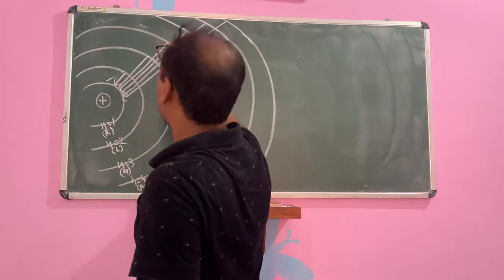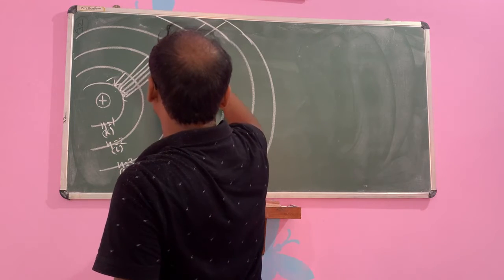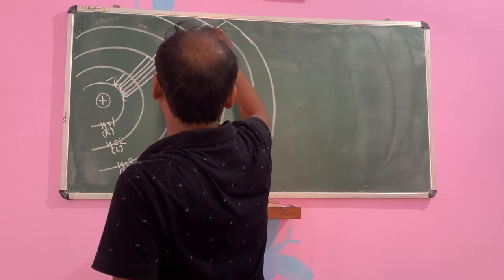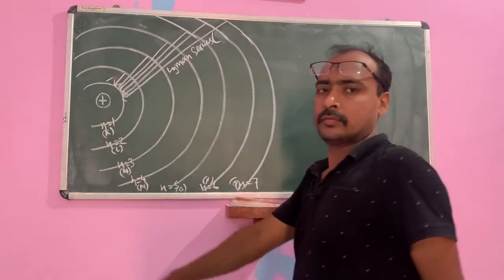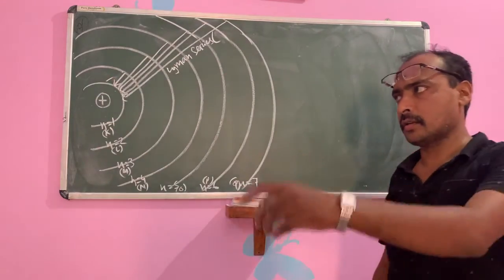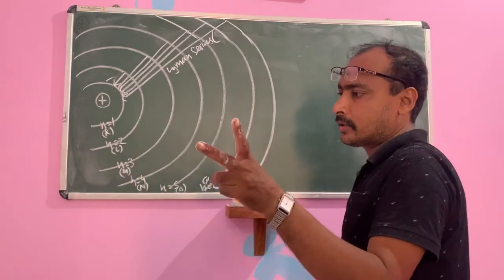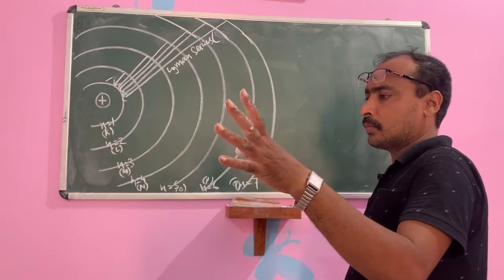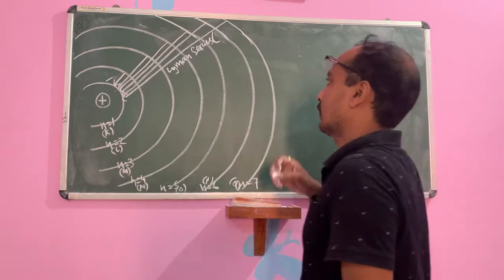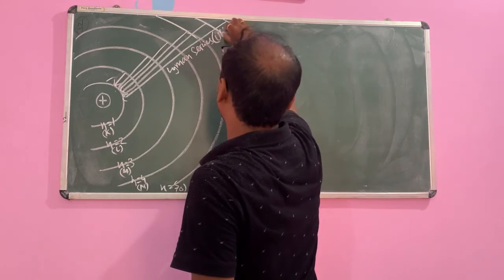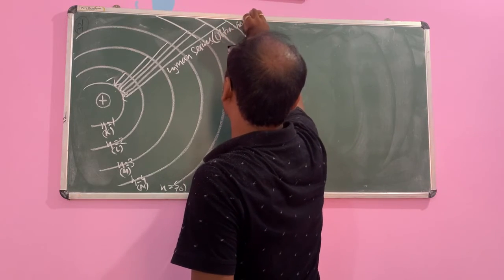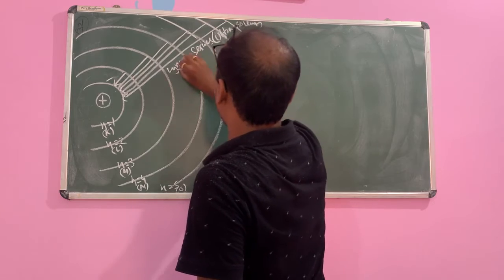It is radiation whose frequency and wavelength are in the ultraviolet zone. Ultraviolet radiation. This is your Lyman series.